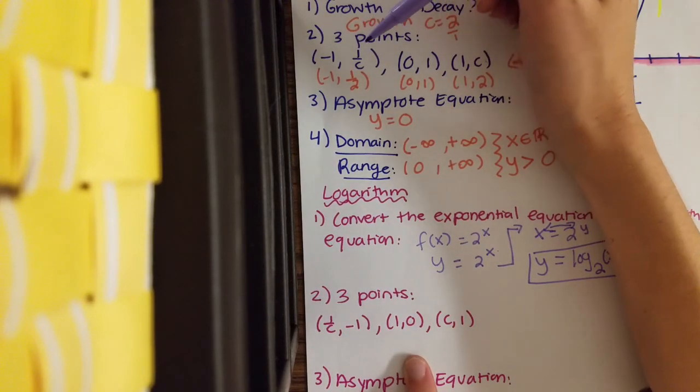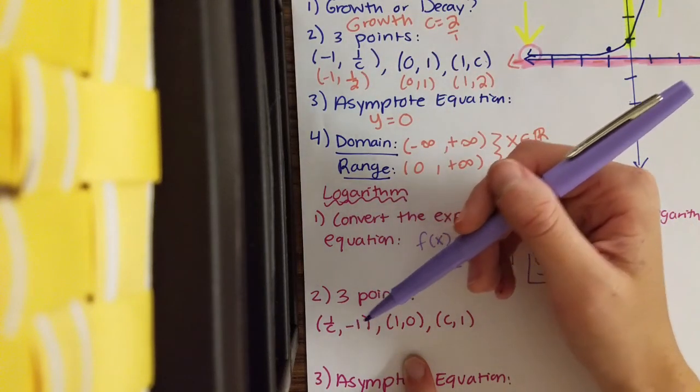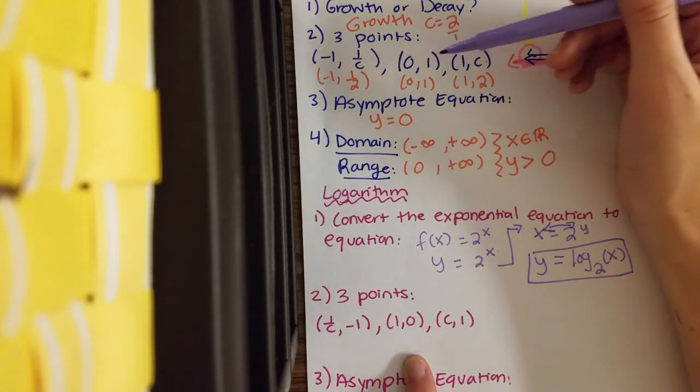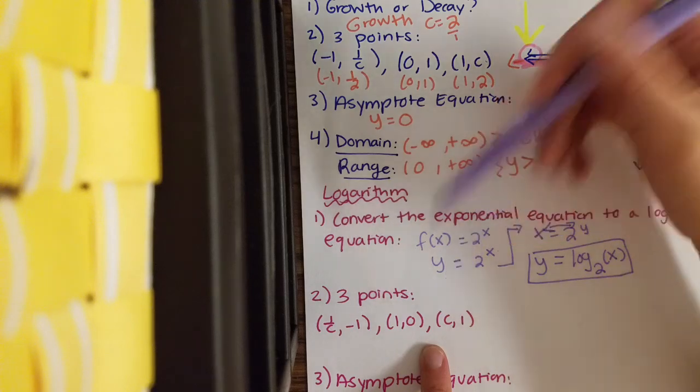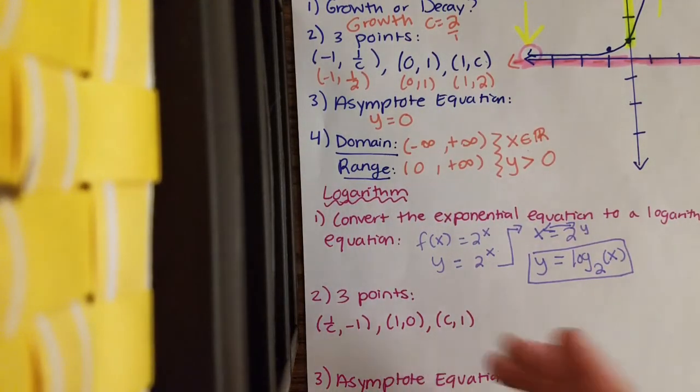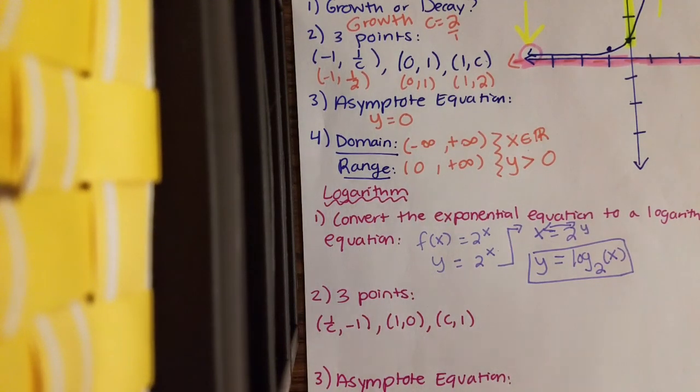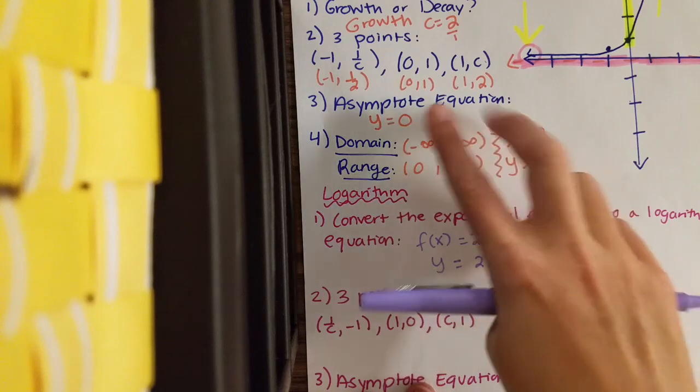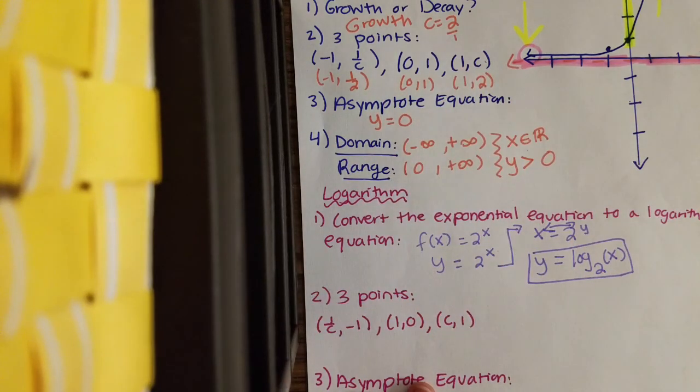So it went from negative 1, 1 over c, to 1 over c, negative 1. It went from 0, 1 to 1, 0. And it went from 1, c to c, 1. So my x and y just flip-flop, or the fancy word, interchange. So technically, since we already have 3 points, you can just interchange those and bam, you'll have your logarithm points. So let's start interchanging these things.